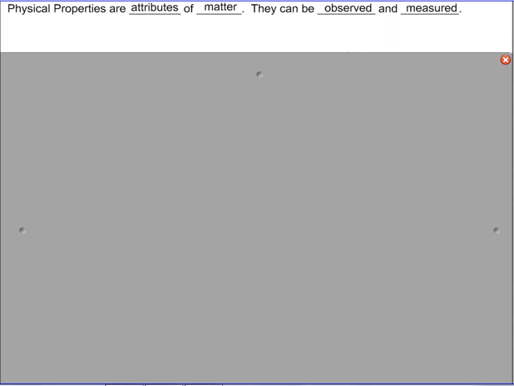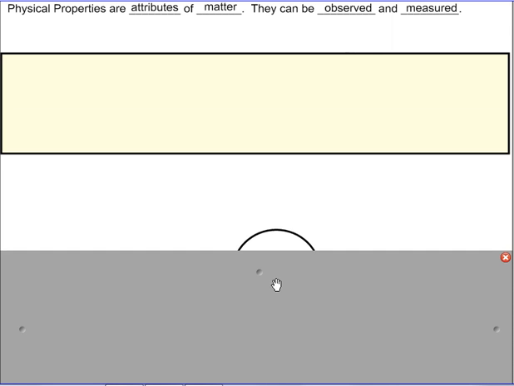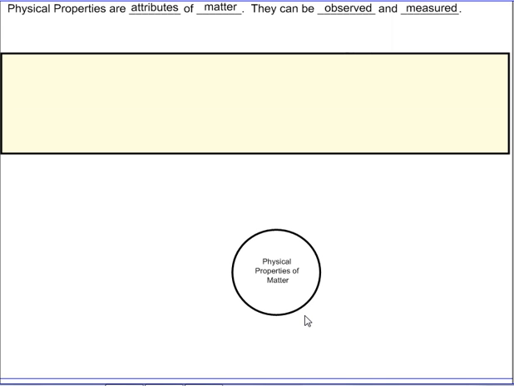All right, once you have that sentence written at the top, I want you to go down to the middle of your page and create this circle. And we're going to do a web today for the physical properties of matter.